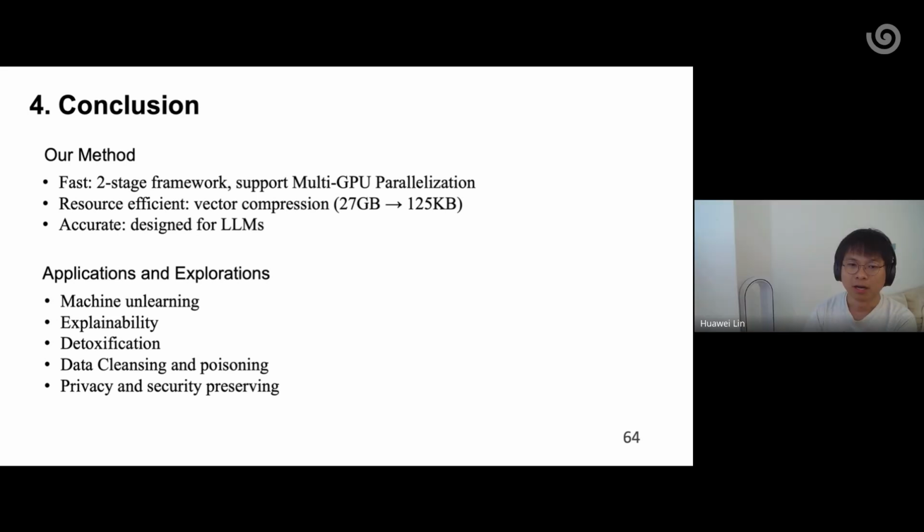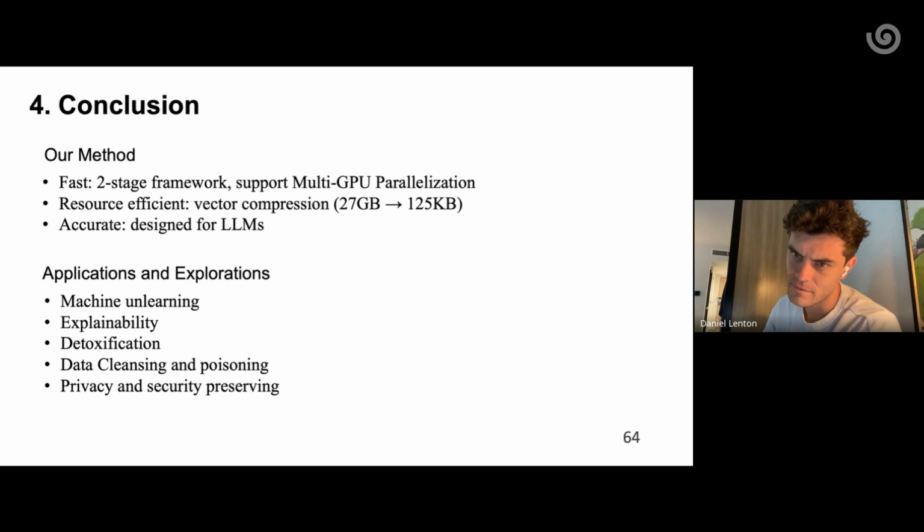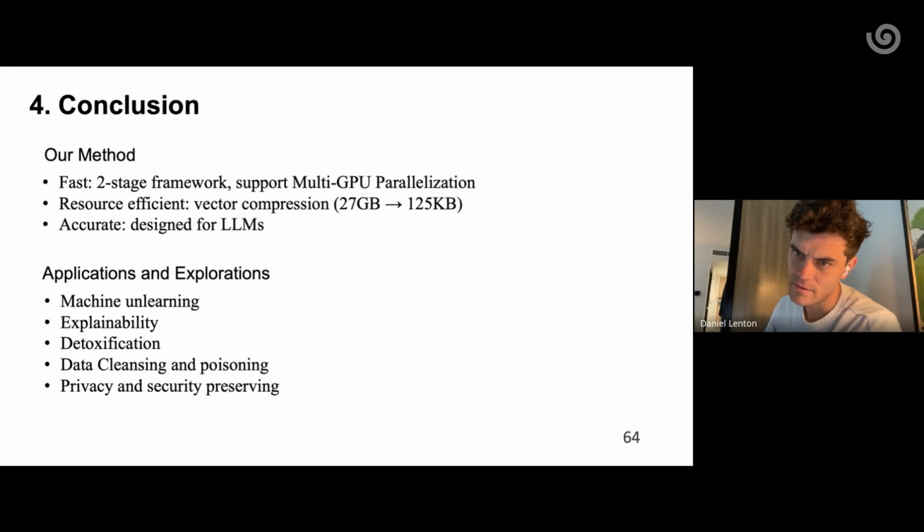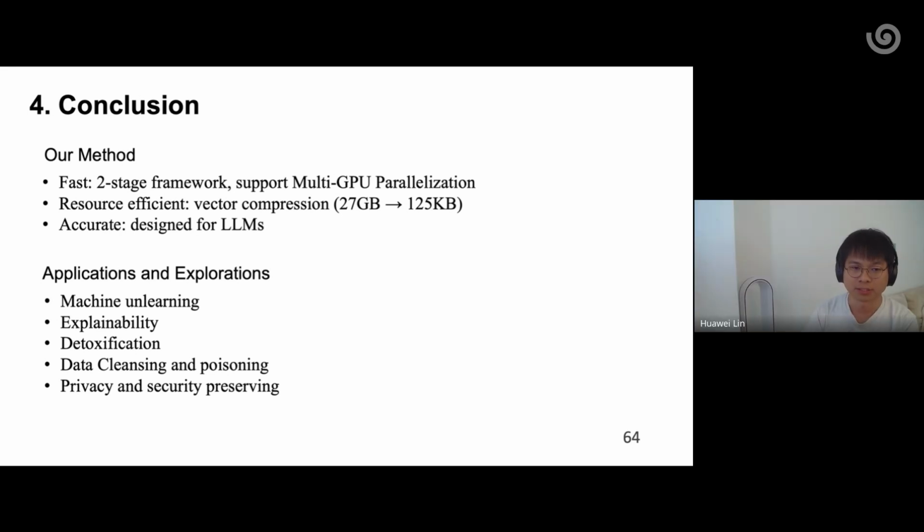Because if it causes overfitting issues or something, for now the only way is to remove those data and then train a model from scratch. But it's very time consuming and resource intensive.